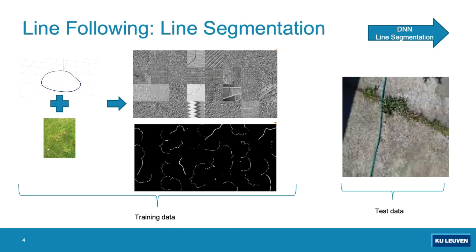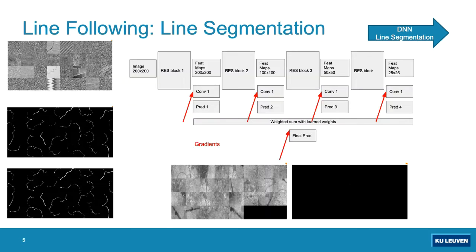I clip these images into binary maps, and then I combine them with a general texture background, and that gives a supervised data set where you have images with lines in the middle, and in the bottom you see the binary maps it should detect. That's the training data, and the test data is the real images that I recorded with a drone while flying over the line.